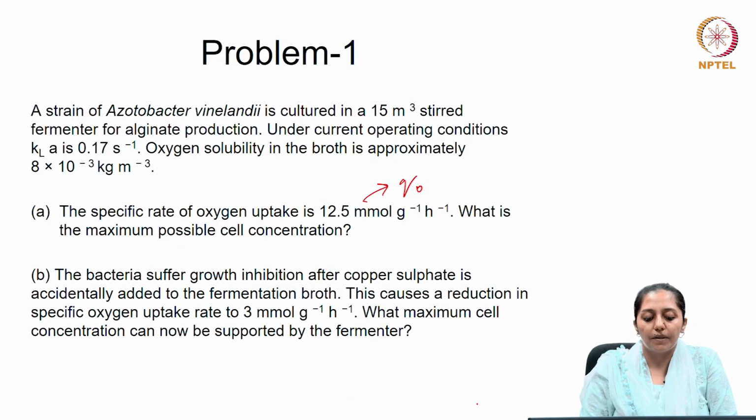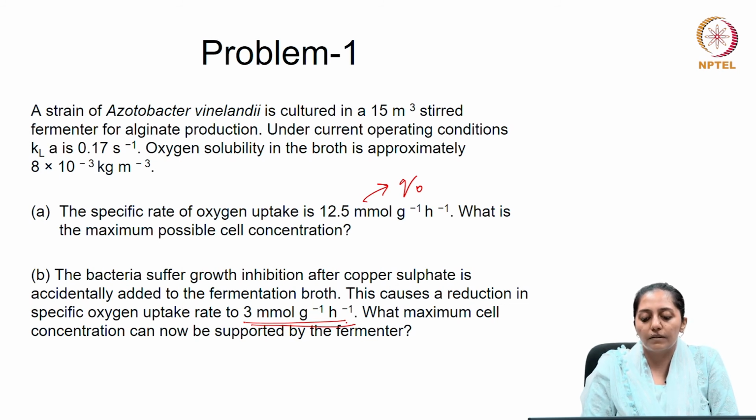Let's see the second part. The bacteria suffers growth inhibition after copper sulfate is accidentally added to the fermentation broth. This causes a reduction in the specific oxygen uptake rate to 3 millimolar per gram per hour. So now the specific oxygen demand has reduced to 3 millimolar per gram per hour. What maximum cell concentration can now be supported by the fermenter?